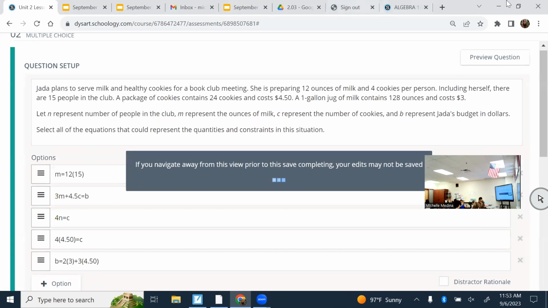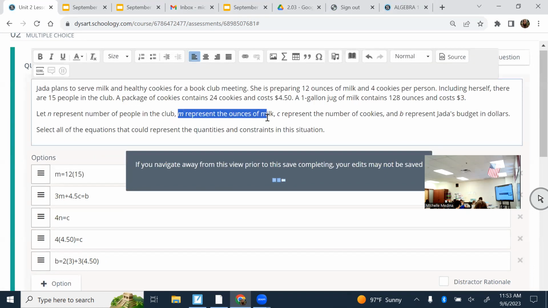So see what M is supposed to represent, which is ounces of milk. So why would she do 12 times 15 to figure out the ounces of milk? Does it make sense is what you should be asking. So does it make sense doing 12 times 15? Is that relevant at all for her figuring out stuff?